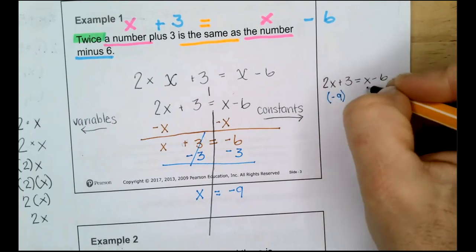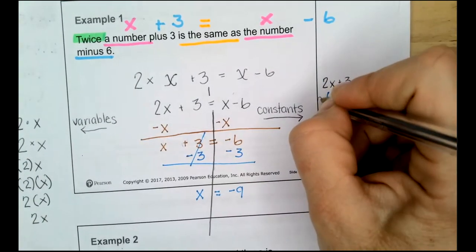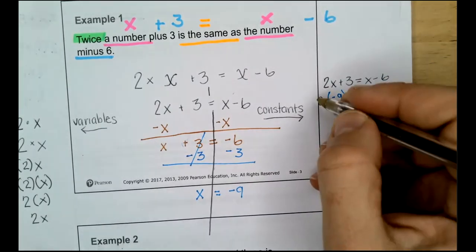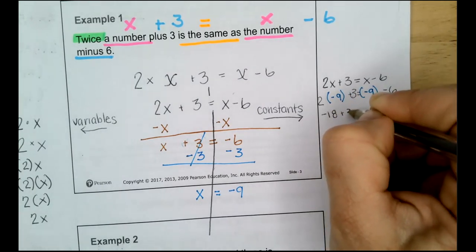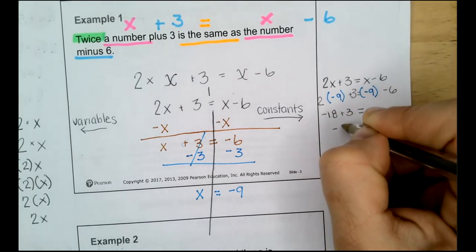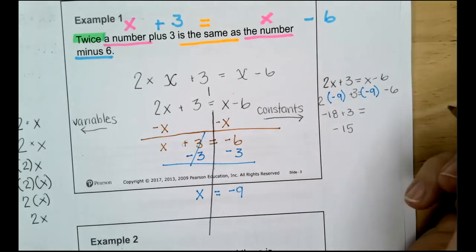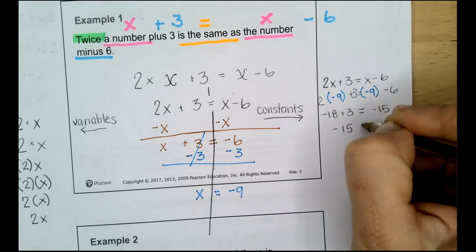Use parentheses so you don't make mistakes. Times 2 plus 3 should equal that number minus 6. So 2 times -9 is a -18, plus 3 becomes -15. And then on the other side, -9 minus 6 is also -15.